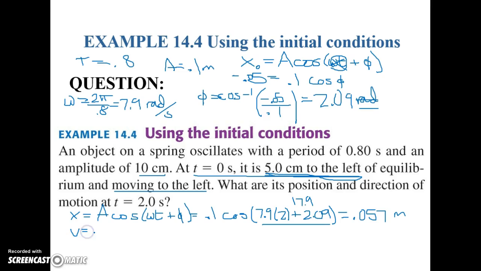Then I can do the same thing for v. It's minus omega A sine of omega t plus phi. So I've got minus 7.9 times A, which is 0.1, times the sine of omega t plus phi, which we found was 17.9. If I do the sine of 17.9 times negative 0.79, I get negative 0.46.